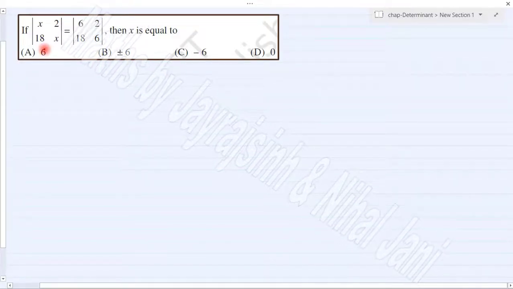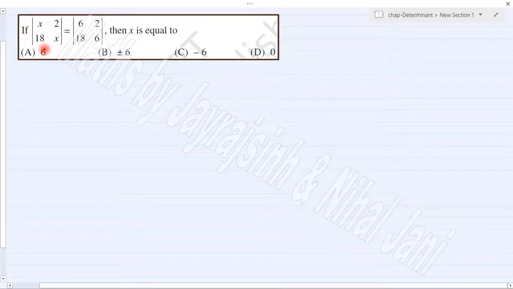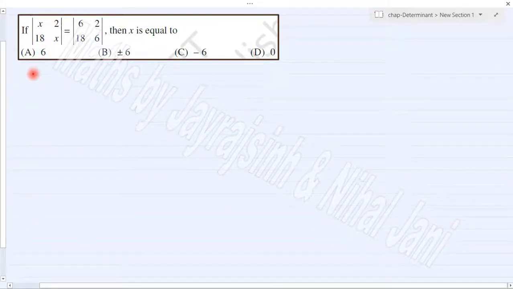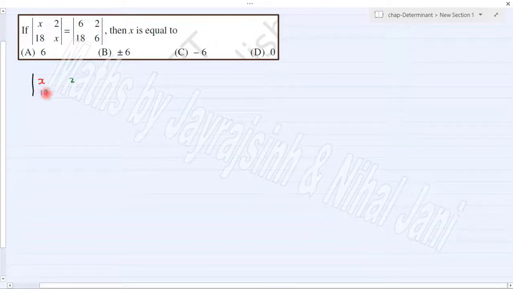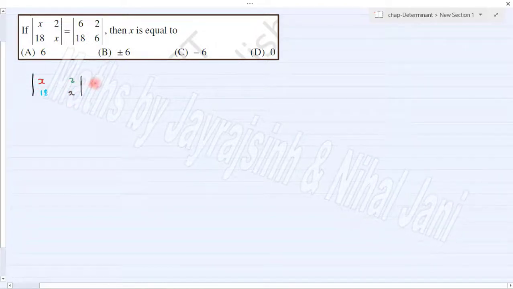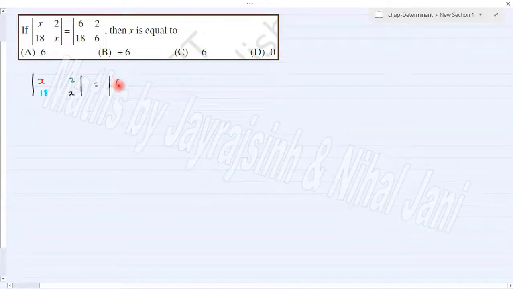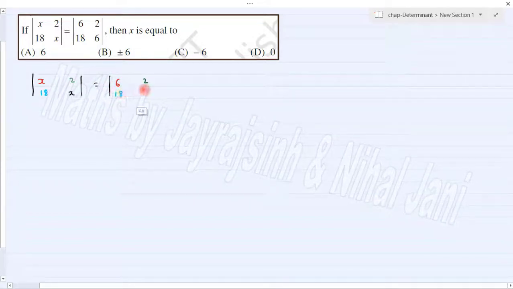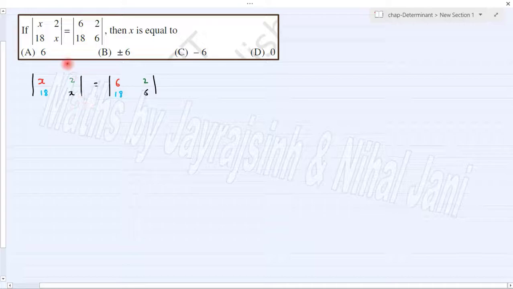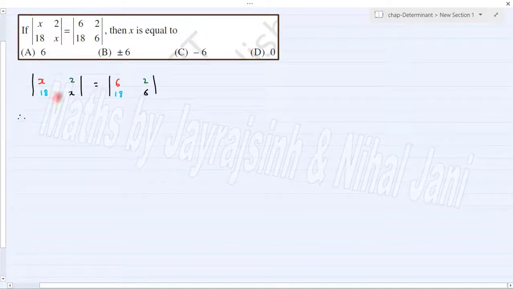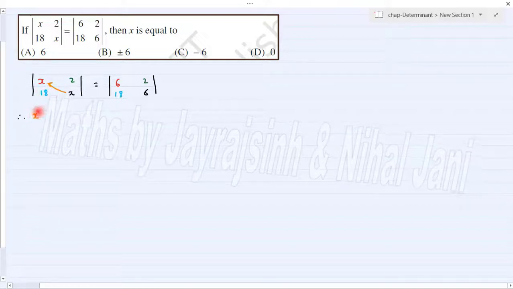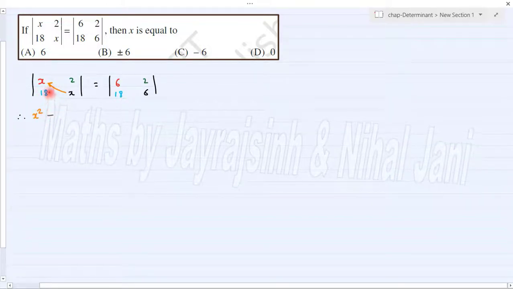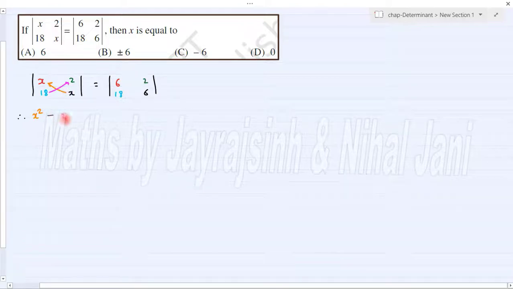Here we have one determinant matrix and we have to find the value of x. On the left hand side we have x, 18, 2, x. On the right hand side we have 6, 18, 2, 6. So to get the value of x, let's simplify our determinant. Your x will multiply with x to give us x square, minus 18 2s are 36.